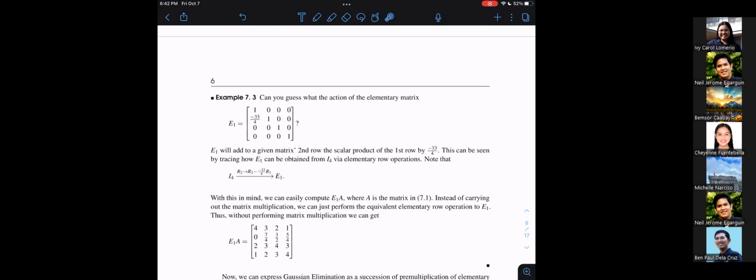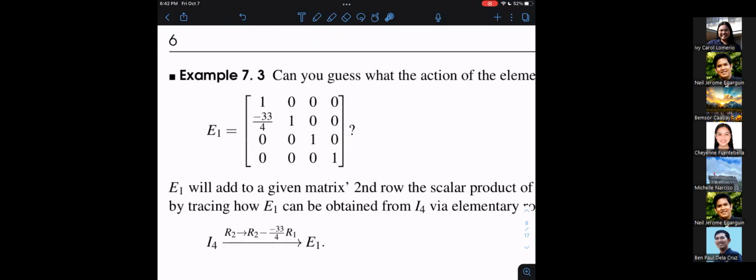Alright, so example 7.3 naman, papakita niya yung row translator. So note that E sub 1 is a matrix that I obtained. Tama ba? Elementary matrix nga ba to? Yes, it is the elementary matrix that I obtained by adding negative 33/4 times the first row to the second row, right?